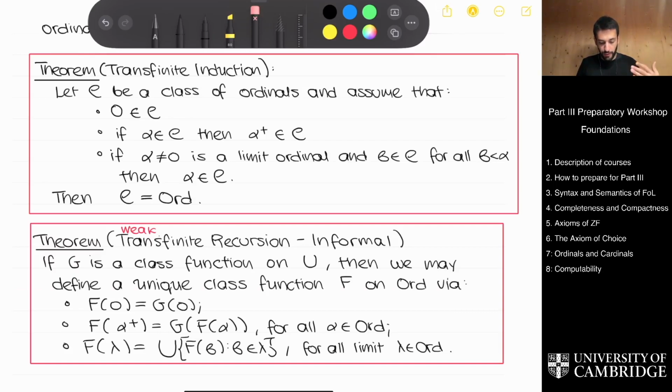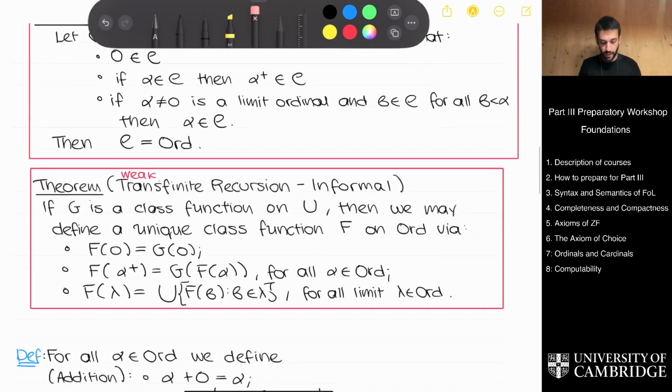Now f of alpha plus 1 will be G applied to f of alpha for all ordinals alpha. And finally, for limit ordinals lambda, f of lambda will just be the union of the set containing f of beta, where beta is in lambda. Okay, so assuming that G is a class function on U, then we may define a unique class function on the class of ordinals in this particular way.